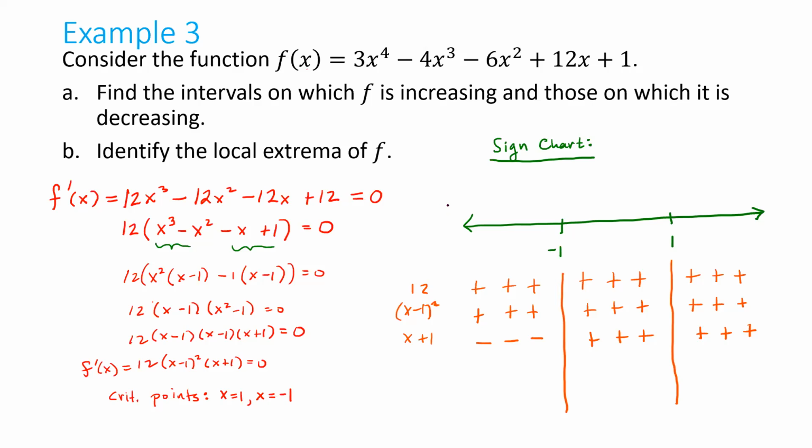So piecing it together for f prime, it'll be negative here because you've got two positives and one negative. It will be positive on the other two intervals because those are all positive factors.